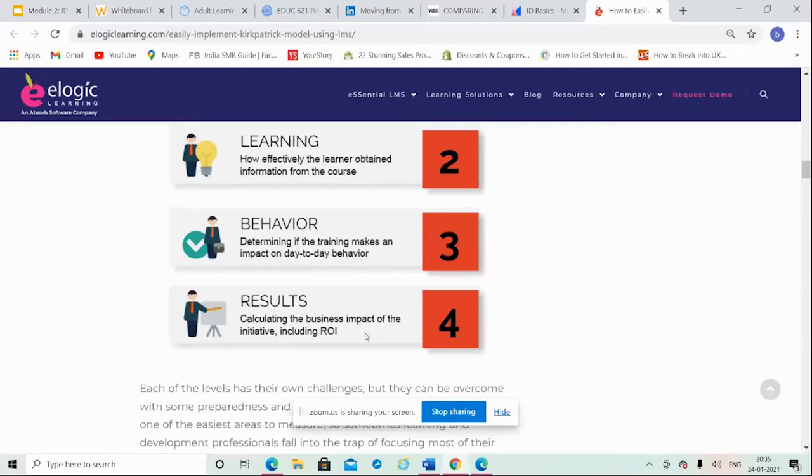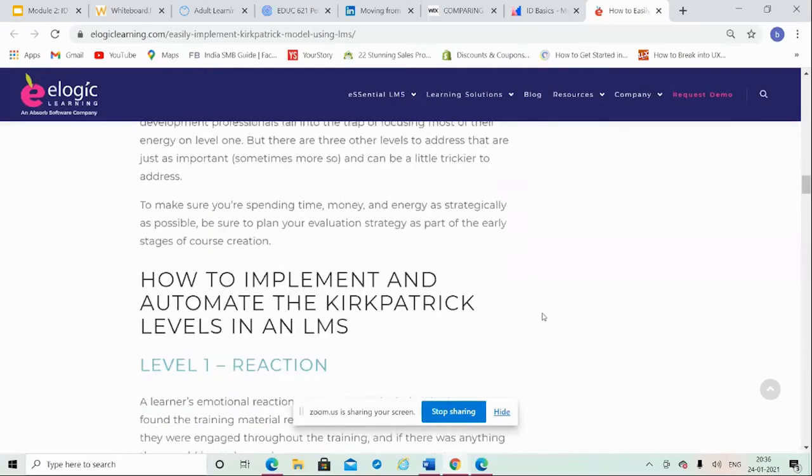So calculating the business impact of the initiative. So this is about Kirkpatrick's model of evaluation. You have to remember that it is about evaluation and it is not about design. Correct me if I'm wrong, anyone who's using this.